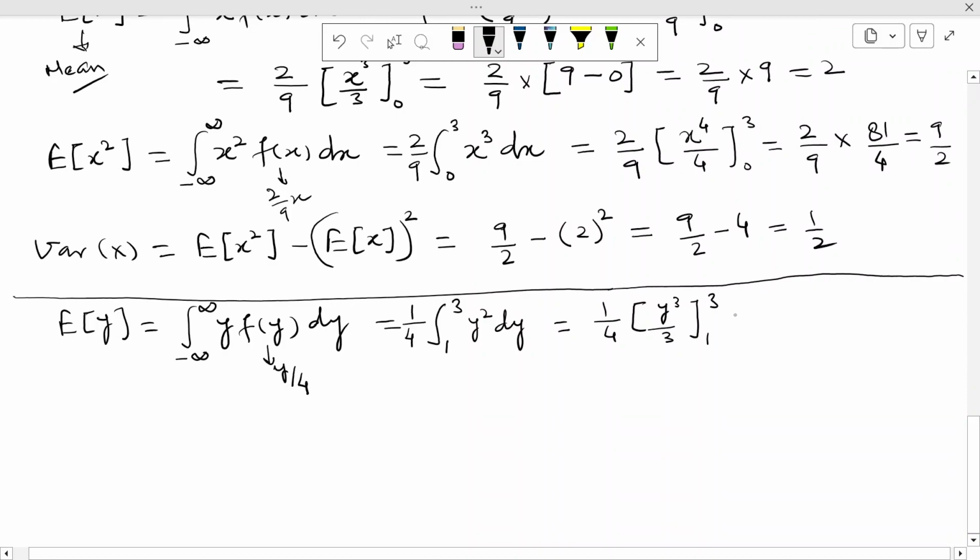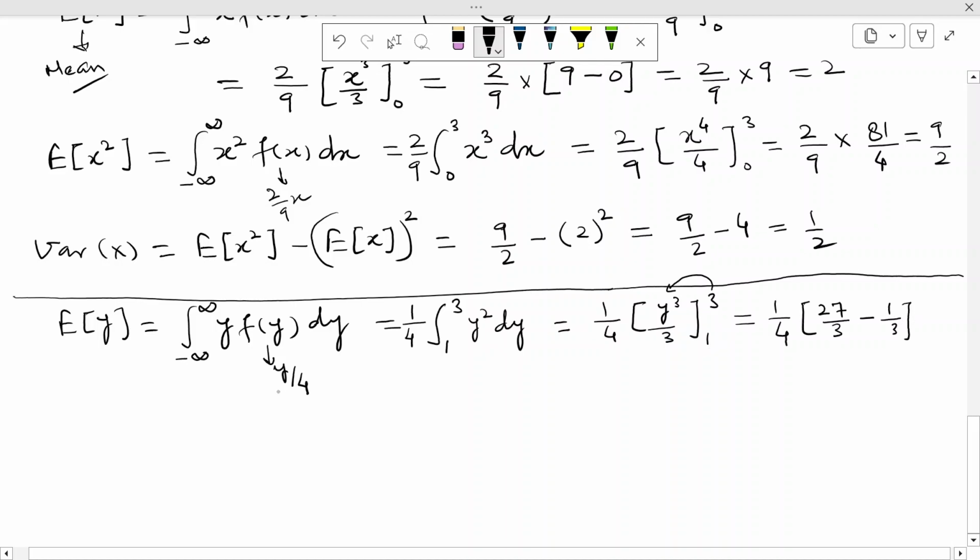So this is coming out as 1 by 4, and when you are putting the limits, this is 27 by 3 minus, because when you are putting the upper limit 3 here, this will be the cube of 3, so this is 27, minus, when you are putting y equals 1, which is the lower limit, 1 by 3.